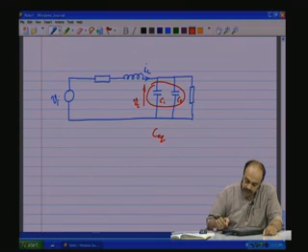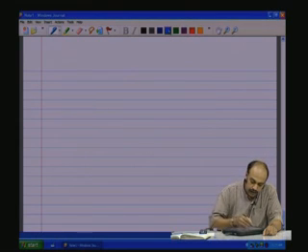There is one more case which you may land up with, and that is a network something like this.